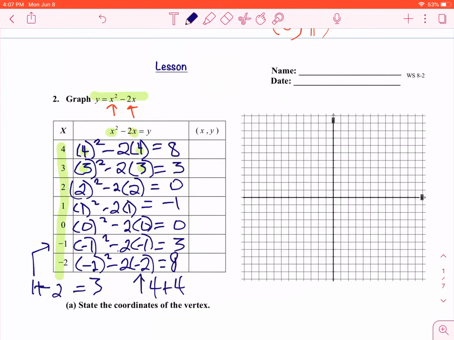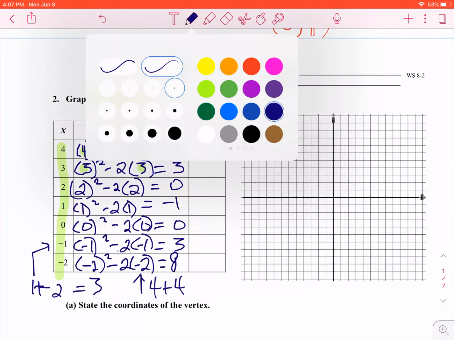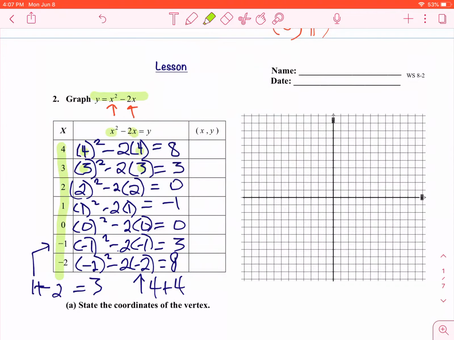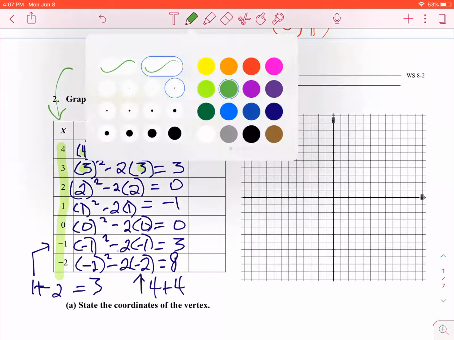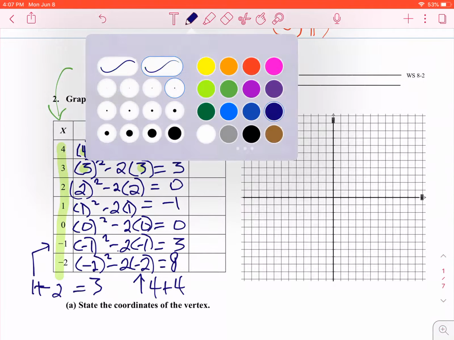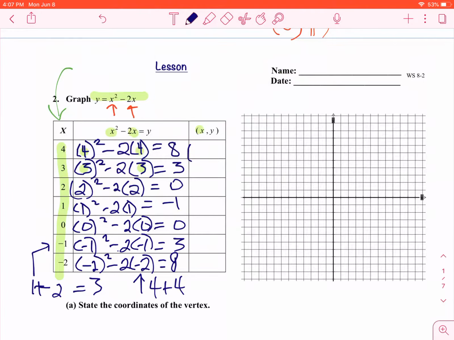Okay, so together we're going to create, once again, our coordinates. All my x's are all the values that I have highlighted in green on the far left. So it'll be 4, 3, 2, 1, 0, negative 1, negative 2. I'm going to then pair that with all my y values.